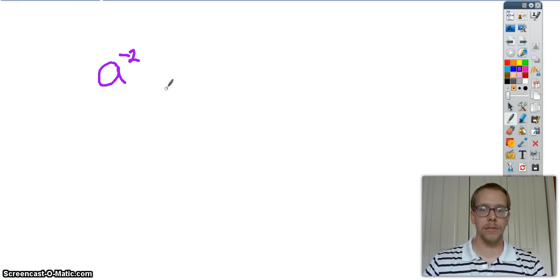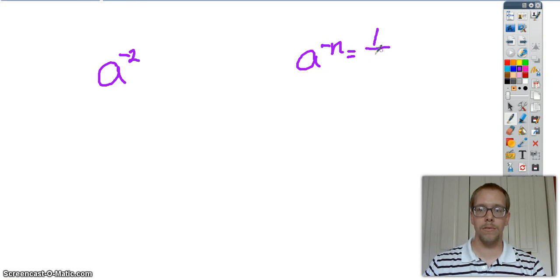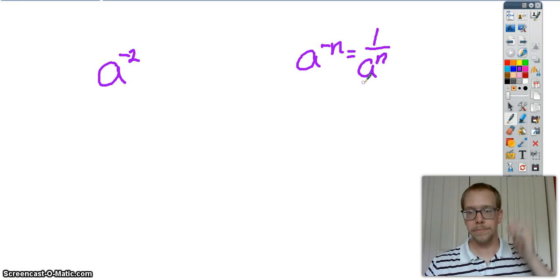Well, in general, a raised to any negative power is equal to 1 over that base a raised to the positive power, a to the n. So notice how no longer do we have a raised to the negative n power, but instead we have 1 over a to the n power. Or we have the reciprocal of a raised to that n power.